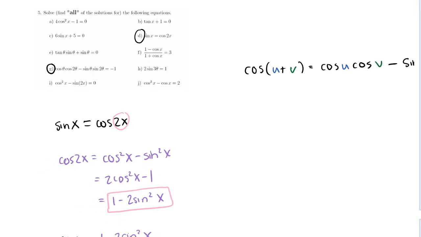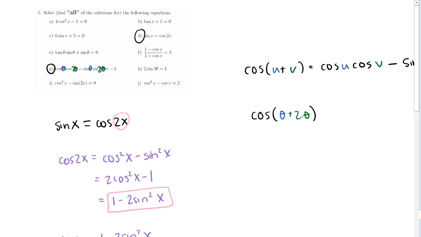We've got cosine of some angle times cosine of another angle, take away sine of that same first angle times sine of that same second angle. And so really this left-hand side is equivalent to cosine of that first angle plus that second angle.